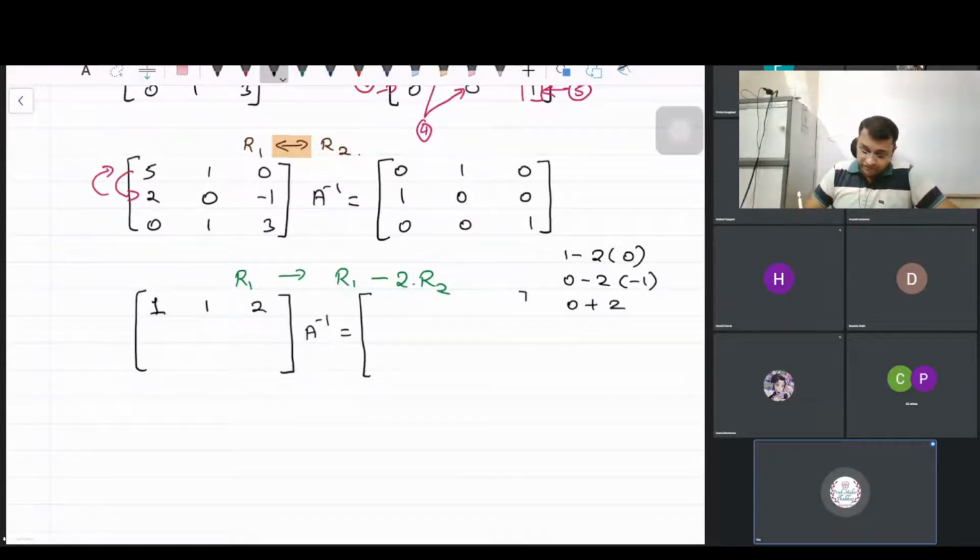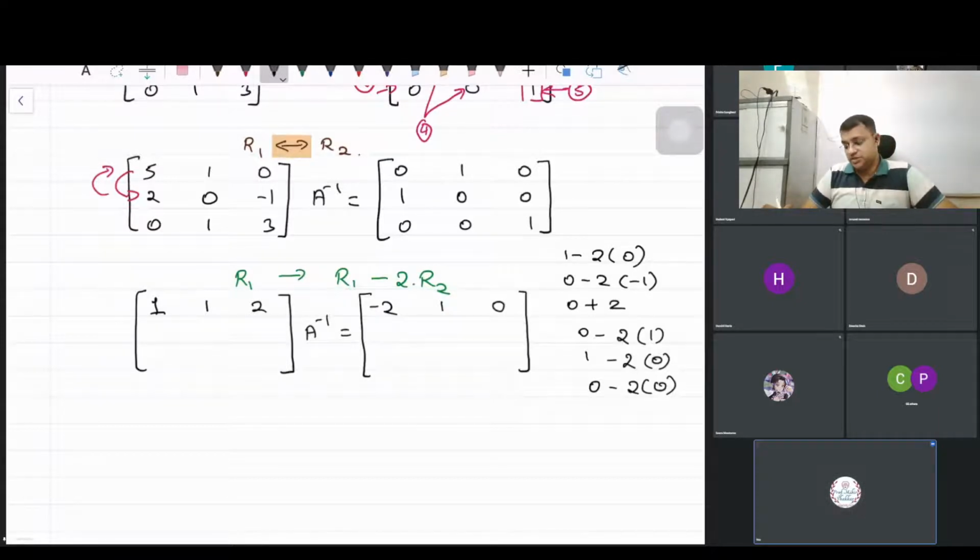Let me also do it for the right side matrix. 0 minus 2 multiplied by 1 minus 2... 1 minus 2 multiplied by 0. This is equal to 1. And the last, 0 minus 2 and again multiplied by 0. This becomes 0 only. So guys, we required 1 in fact in this position.